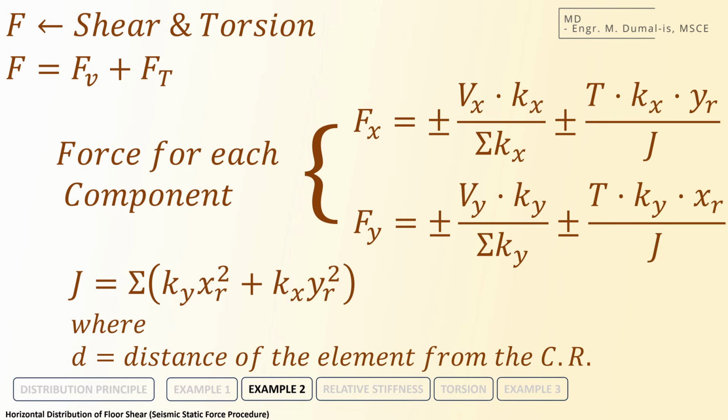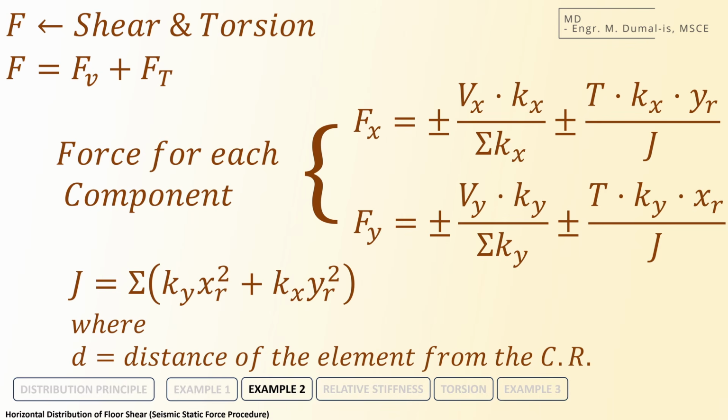Same idea. But here's the catch. Direction matters. Since we're working in X and Y coordinates, forces have components in both directions. You'll need to calculate Fx and Fy separately, paying close attention to positive and negative distances from the center. A quick sketch of the forces helps visualize which direction they act.